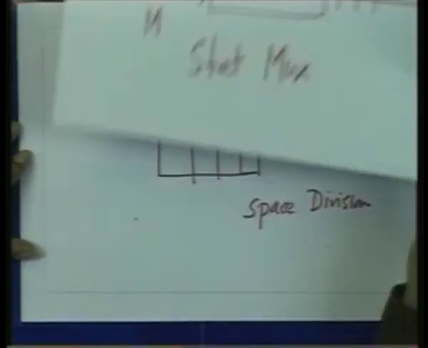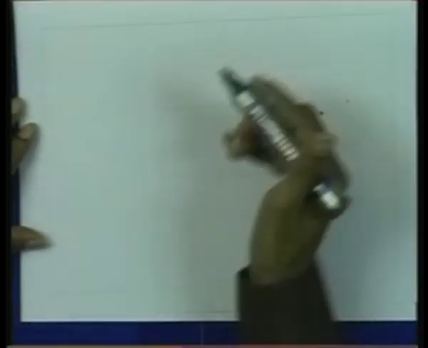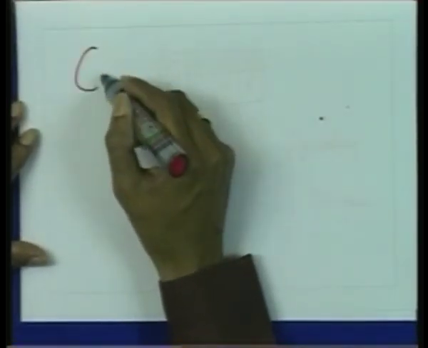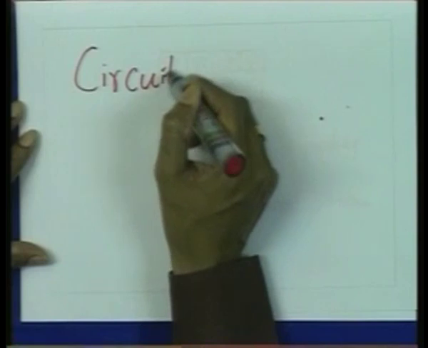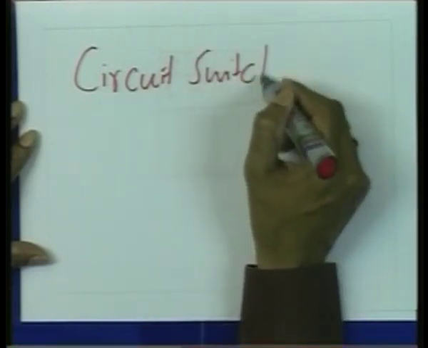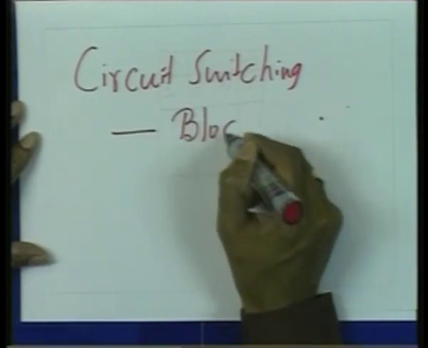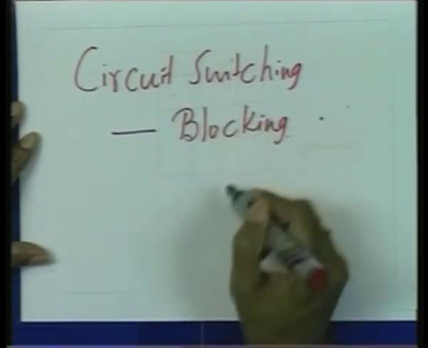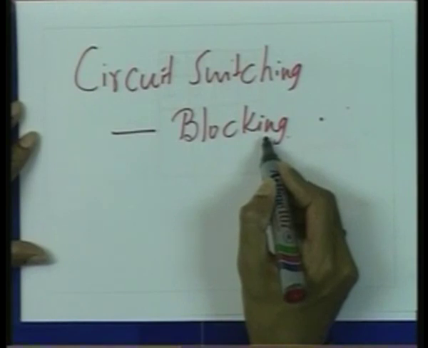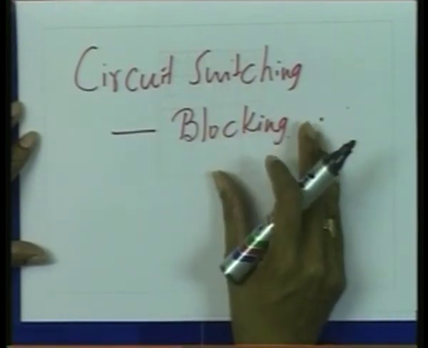So, as we have seen, circuit switching was characterized by blocking. By blocking, I mean that if all the slots are occupied, then the users are blocked.